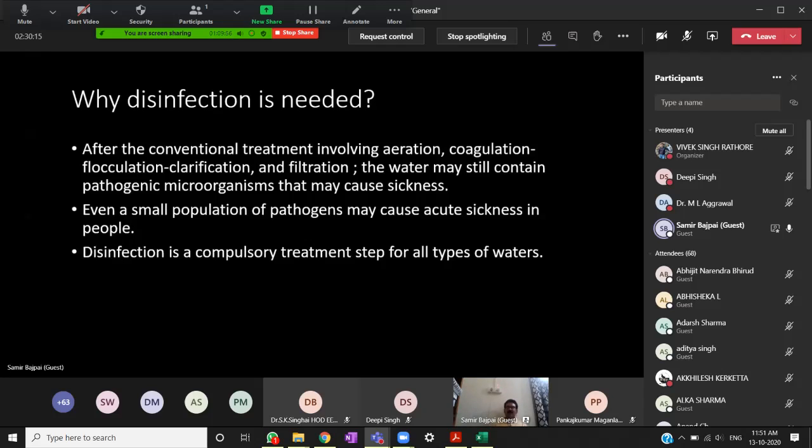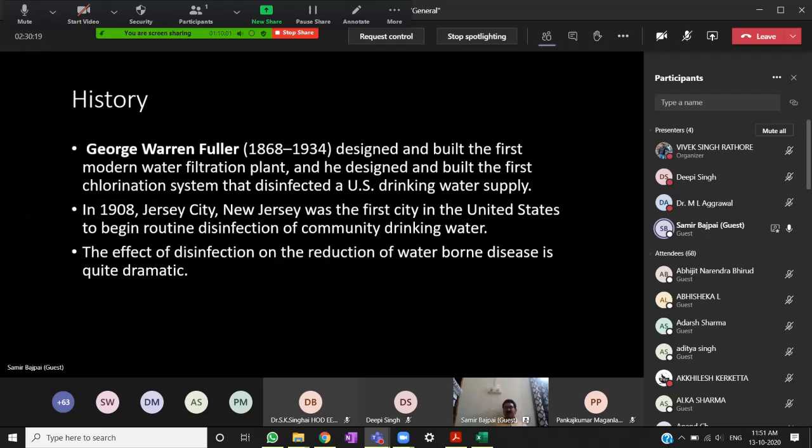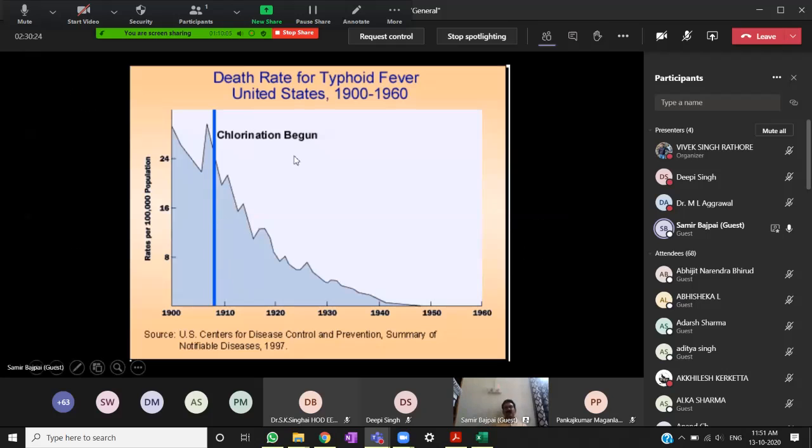So the history of disinfection is pretty old, actually. Early in the 20th century we started disinfection, and there was a dramatic impact at that time, 1908 or so. We started with public water supply chlorination. Look at the rate of typhoid fever cases per lakh of population.